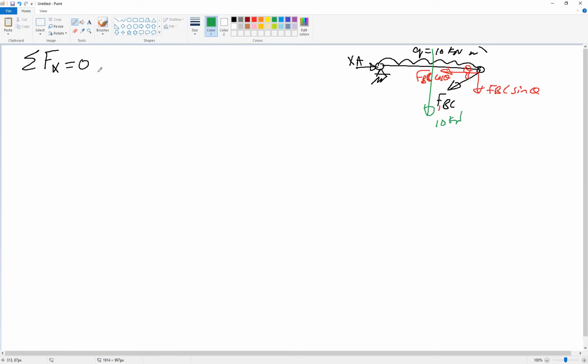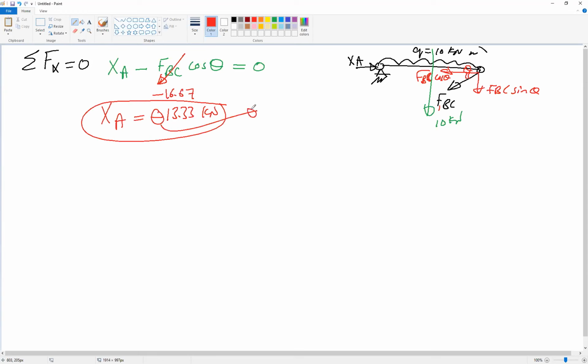So we have XA minus FBC cosine theta should be 0, and we have FBC negative 16.67, so this gives us XA equal to negative 13.33 kilonewtons. This negative sign means XA is acting to the left, not to the right, as we assumed.